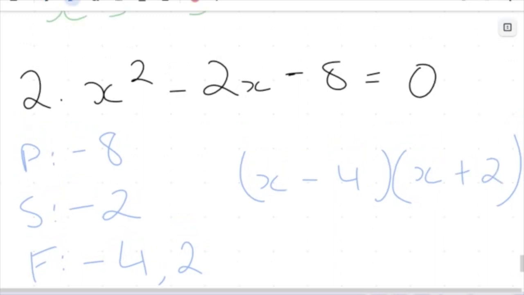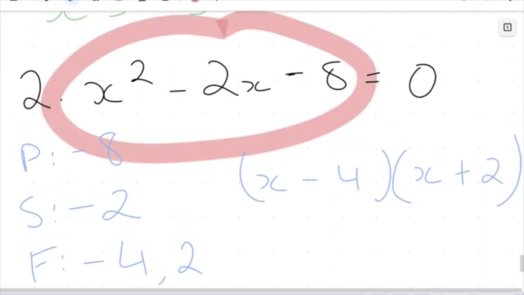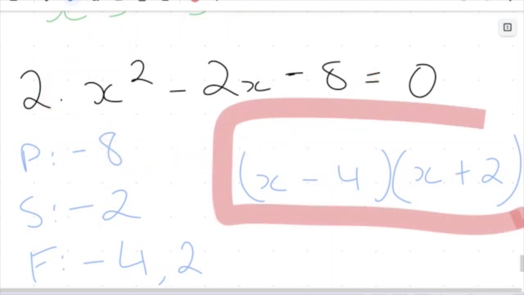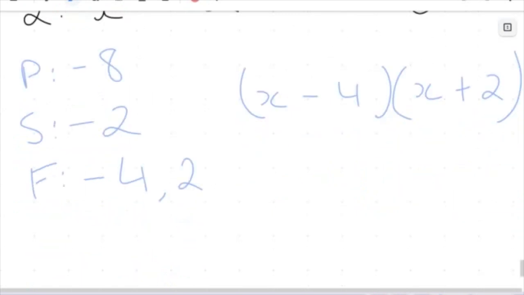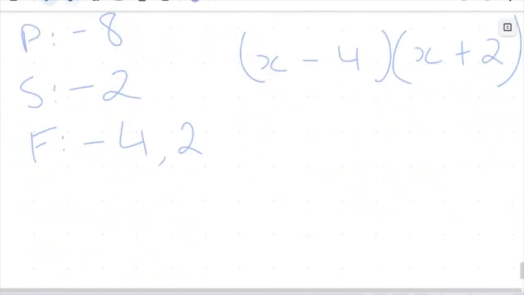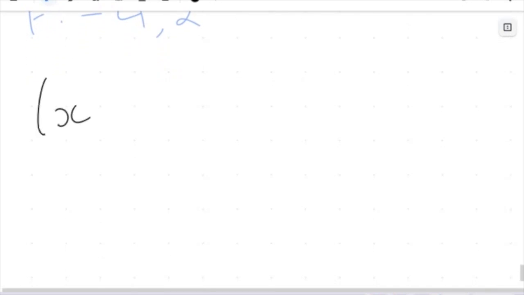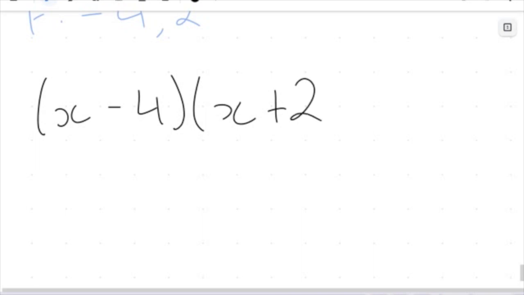So now, instead of this expression, I'm going to write the exact same expression, just factorized, in place of it. So I'm left with (x minus 4)(x plus 2) equals 0.